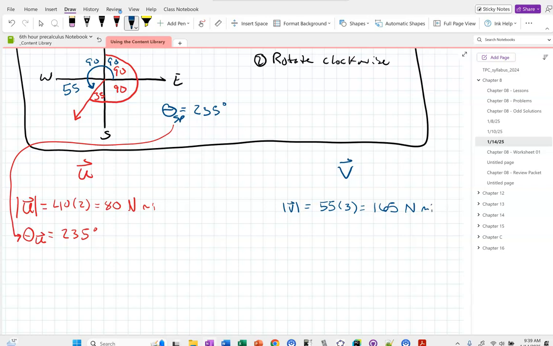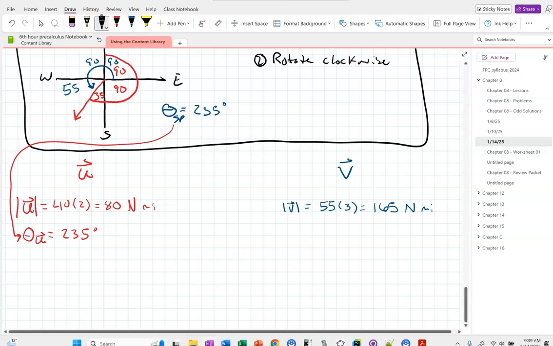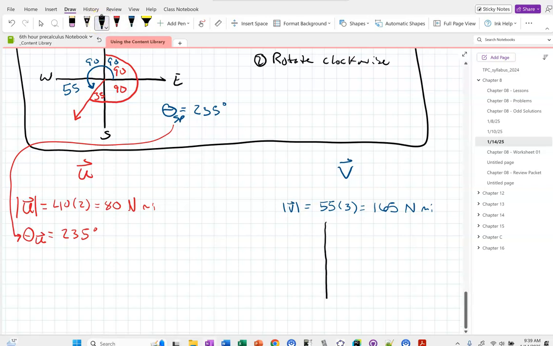So that's going to be 165 nautical miles. And my bearing there was 162, starting at north and going clockwise.